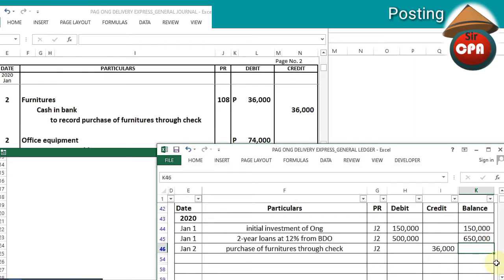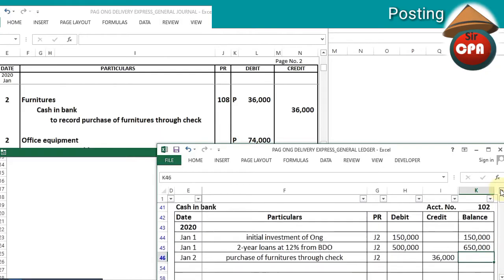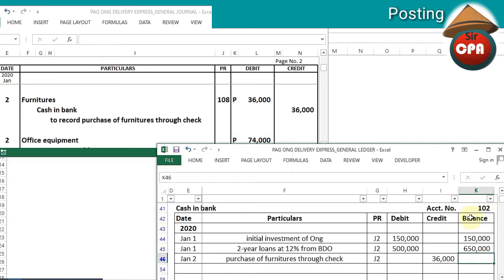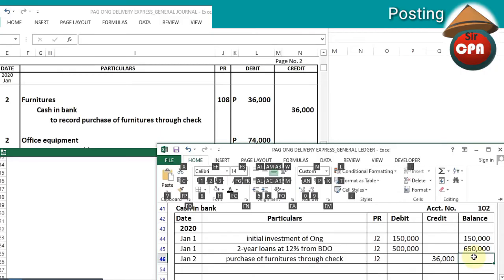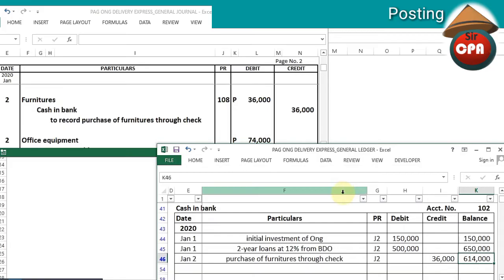Cash in bank is an asset. If you debit, you increase it. And if you credit, you decrease it. Right? So, it is reduced by 36,000. And the new balance as of January 2 will be 614,000. Right? And our post-reference, J2, of course.